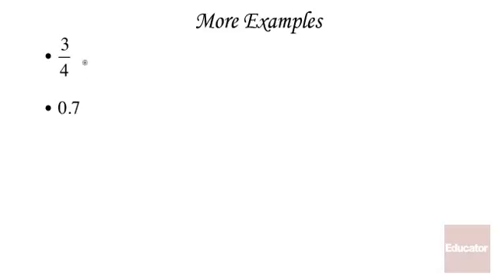Now let's look at this again. This fraction right here, 3/4, I'm going to again relate it to the fraction 1/4. Remember 1/4? If I have 1 part out of the 4 that I divided the dollar into, then I have 1/4, right? Which is 0.25. This is the value of 1/4.